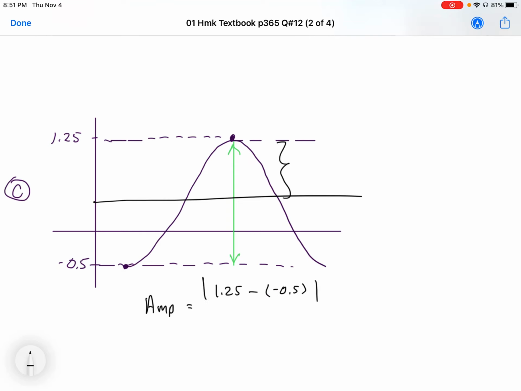Again, that gives us the displacement. We're going to divide that by 2. This is going to be 1.75 divided by 2. So that's going to work out to be 0.875. Okay, so that would represent the amplitude of this wave function.